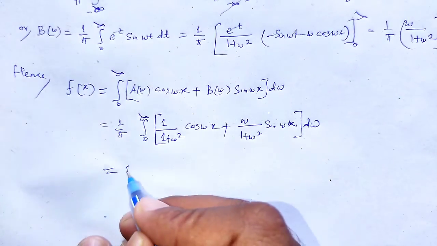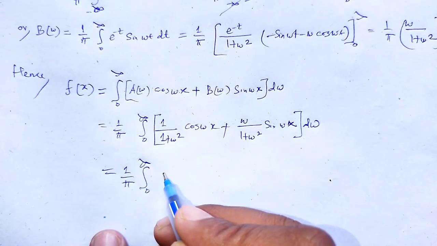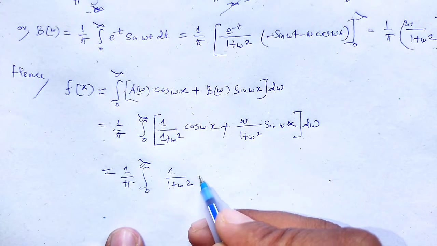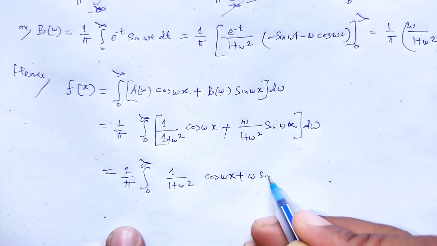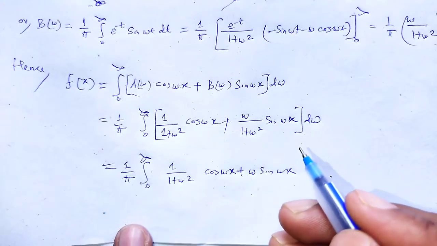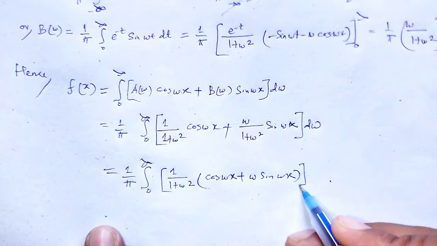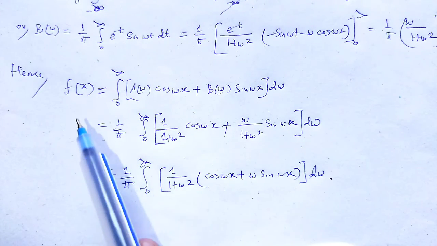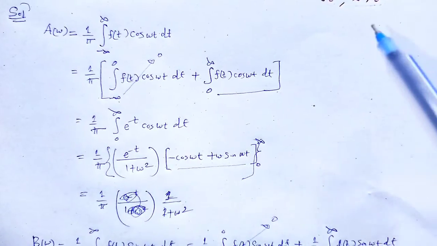On solving it, 1 by pi integration from 0 to infinity, with 1 divided by 1 plus omega square as common, we have cos omega x plus omega sin omega x, d omega.